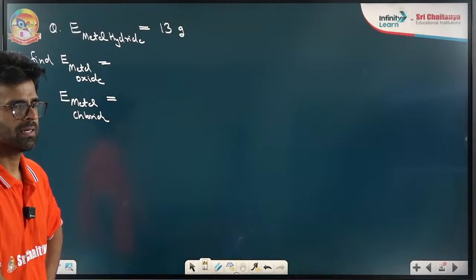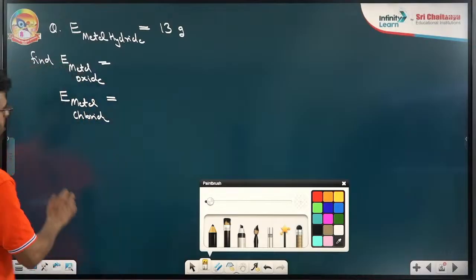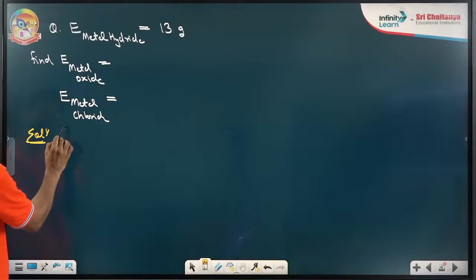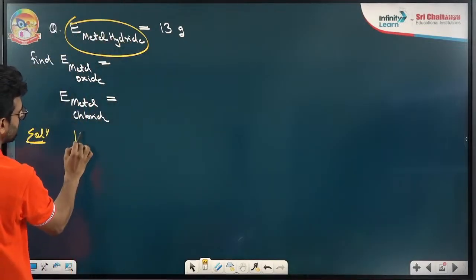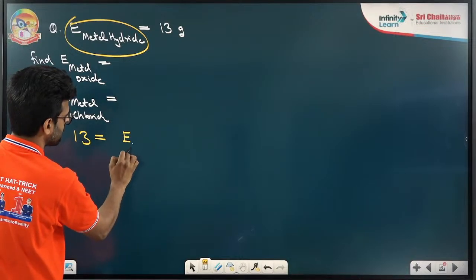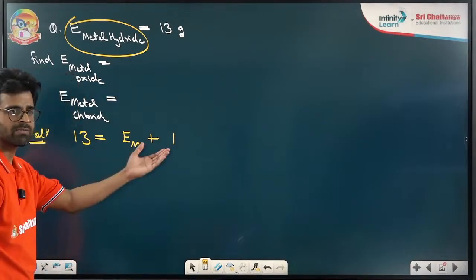Yes. Okay, fine. Look at this. What I said just now, on the previous slide, what we wrote, beta, I said very clearly that the equivalent weight of metal hydride, what they gave the value, 13, is equal to the equivalent weight of metal plus the equivalent weight of hydride, which is 1.